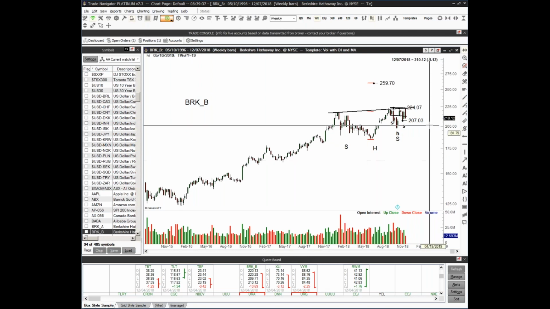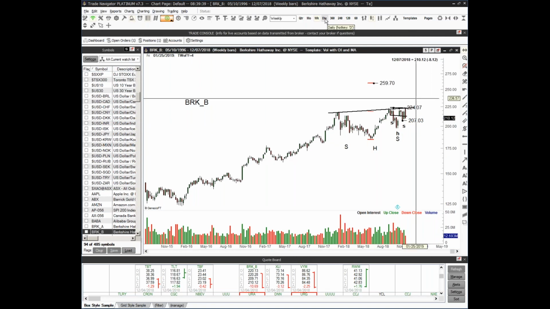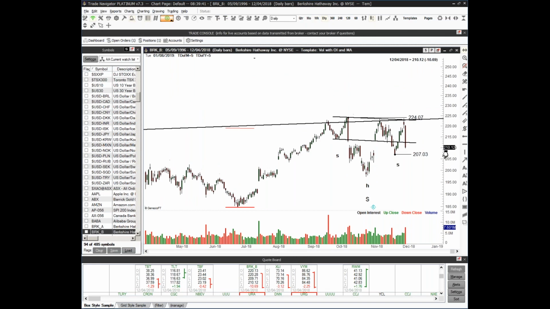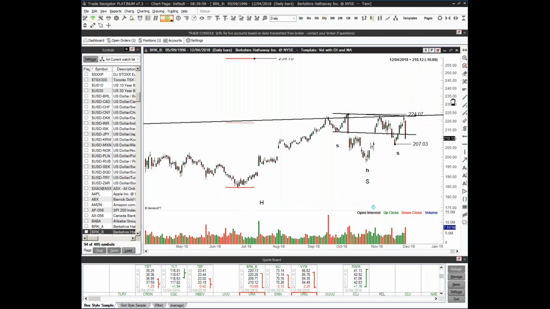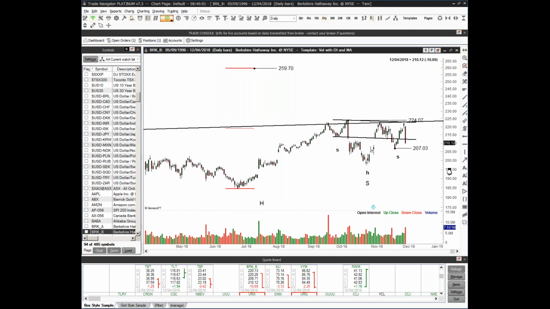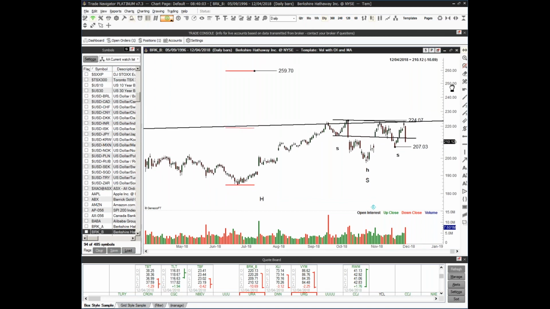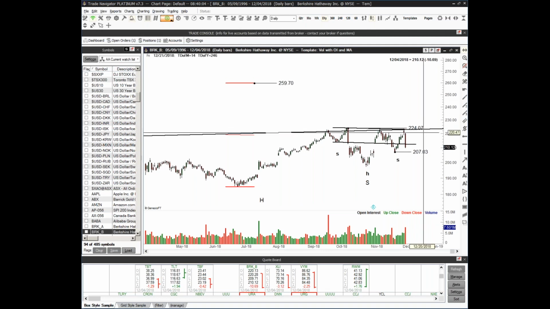So for me, I look at this and I'm monitoring it, and I'm looking for the quality of the breakout through this 224. If we gap through on crazy news, that's not a quality breakout. If we start testing this, I like the fact that we rallied and faltered. I like that because there's one more contact point. The more contact points at the boundary, the clearer the boundary, the more I think we have a quality breakout.